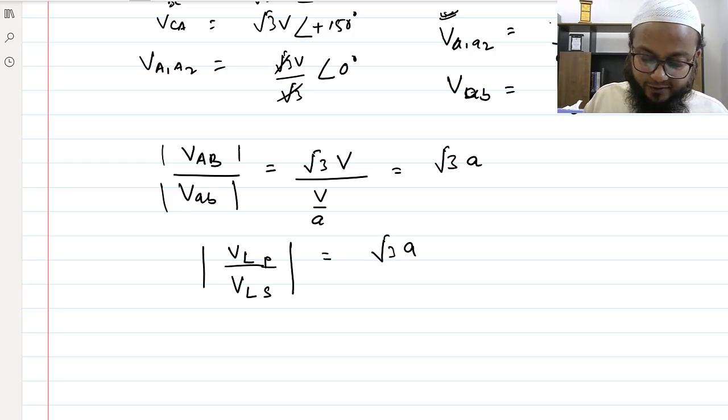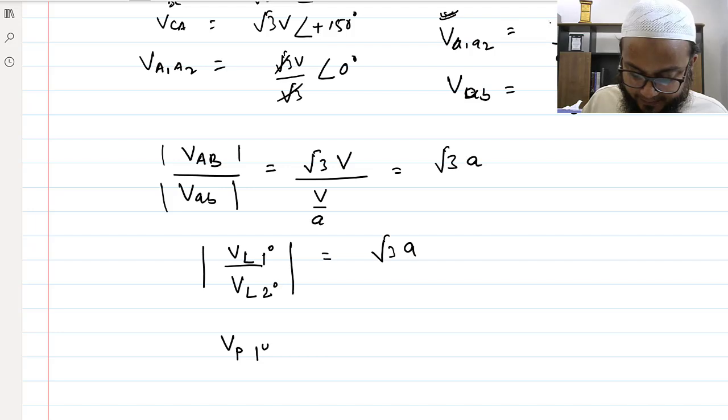For primary I used to write 1, and this is 2 for the secondary side, root 3A. And the phase voltage VP1 of the primary upon VP2 of the secondary, if you see, this is A by 1, this is root 3A by 1.